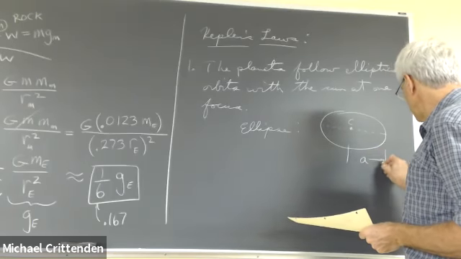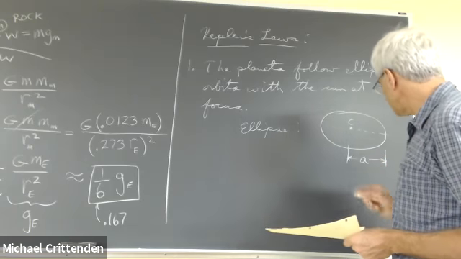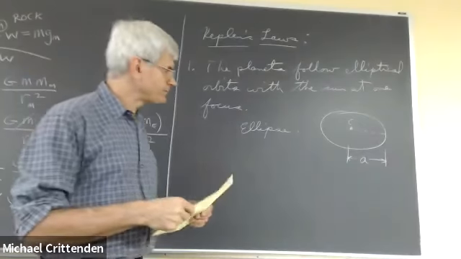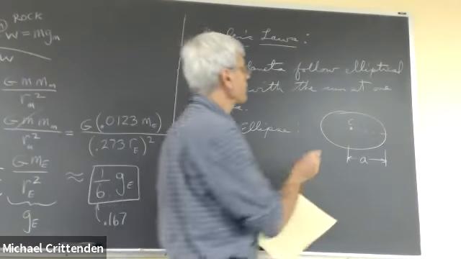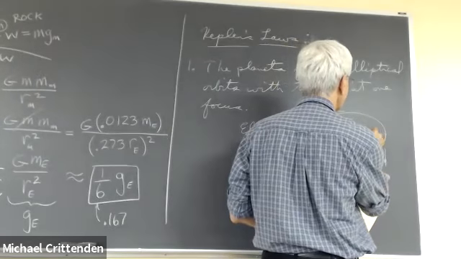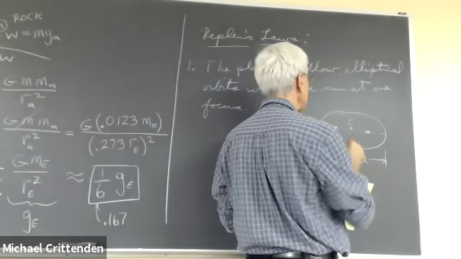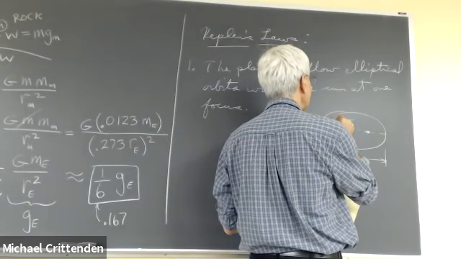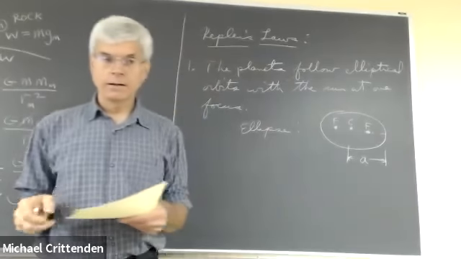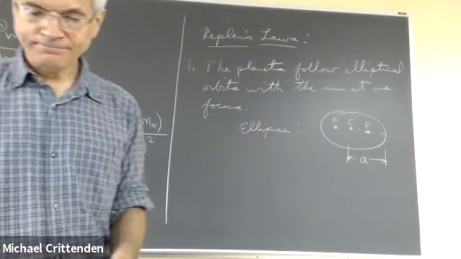I'm going to use the letter A, which is a pretty typical notation for the semi-major axis of the ellipse. To either side of the center are points I'm going to label with the letter F. F for focus.